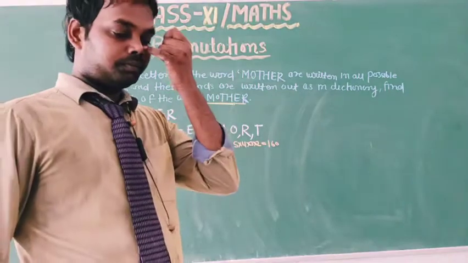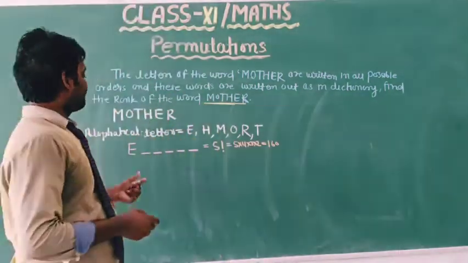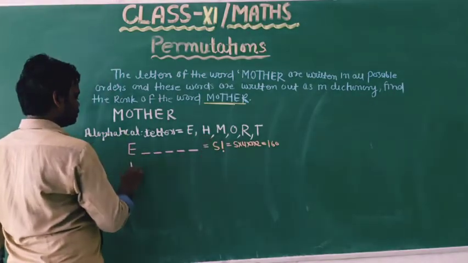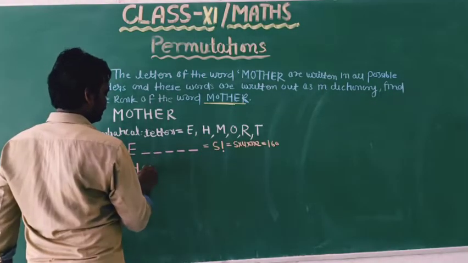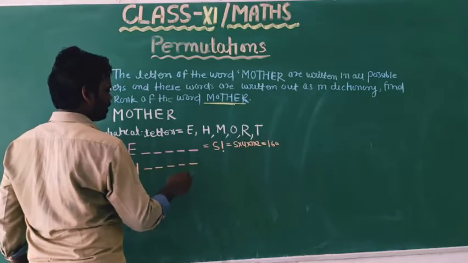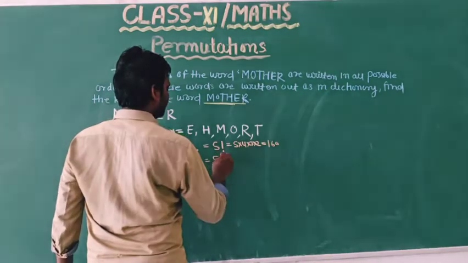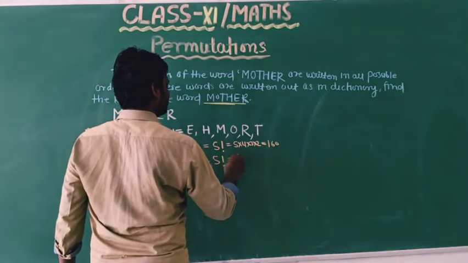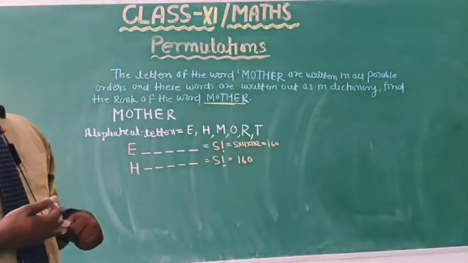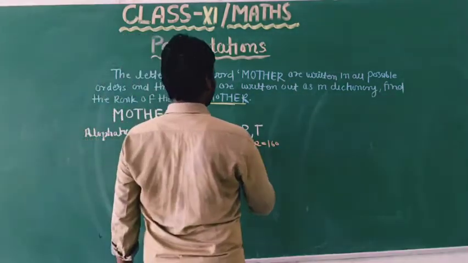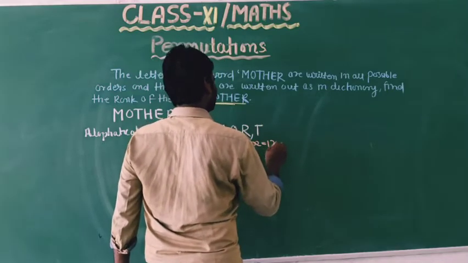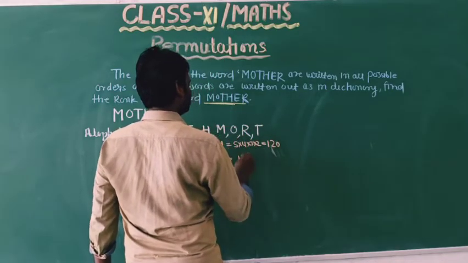So again, after E comes H, so we fix H. Again there are 5 letters remaining, and 5 letters are arranged in 5 factorial ways. This is 120.